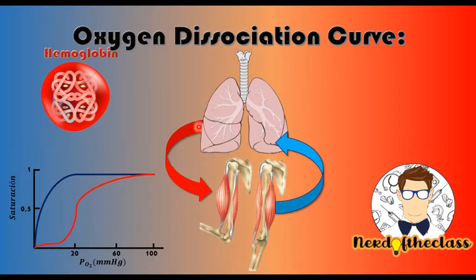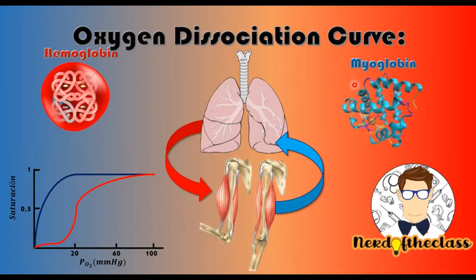So once the hemoglobin gets out from the lungs, it's going to release the oxygen. And that is useful because in that way the oxygen will be released to the peripheral tissues, and then the myoglobin will be attaching to it, so this could maintain it in these peripheral tissues.